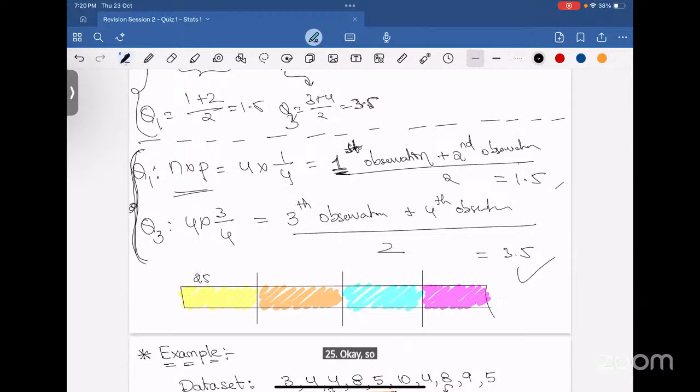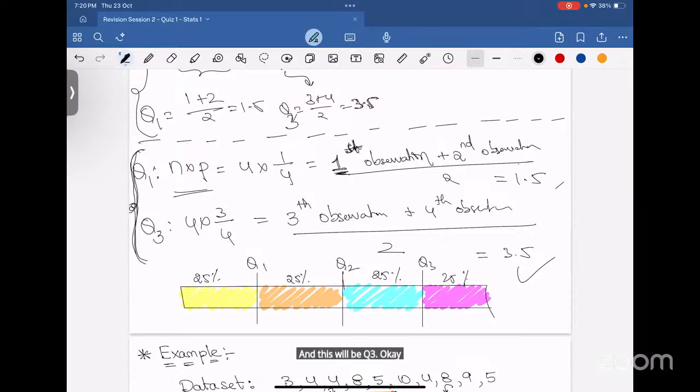So this is 25% of the data, and this is Q1. And there is another 25% of the data followed by Q2. Now, if you see Q2 to the left, it has 50% of the data, and to the right also it will have 50% of the data. And this will be Q3.